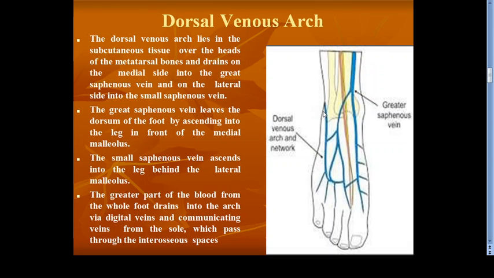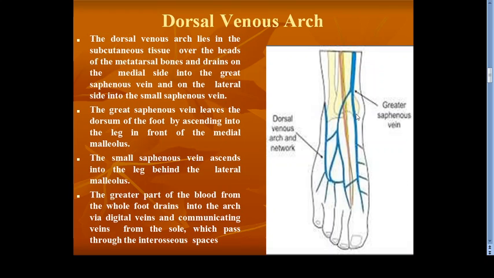your short saphenous vein. The great saphenous vein ascends into the leg just in front of your medial malleolus, whereas the short saphenous vein ascends in the leg just behind the lateral malleolus. So I'm just going to read over here. The dorsal venous arch lies in the subcutaneous tissue over the heads of the metatarsal bones and drains the medial side of the foot into the great saphenous vein and the lateral side into the small saphenous vein, right?